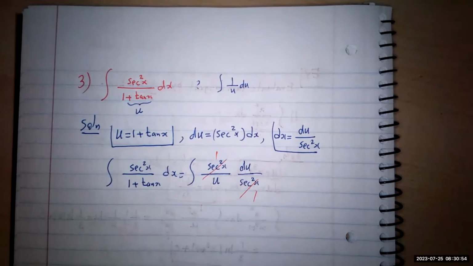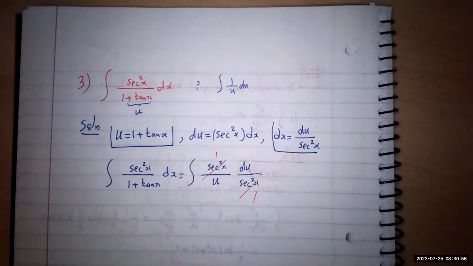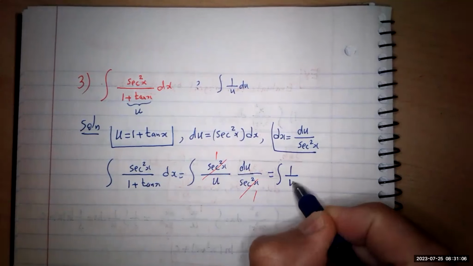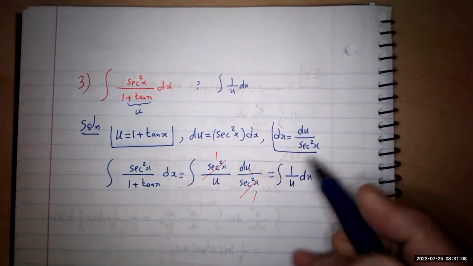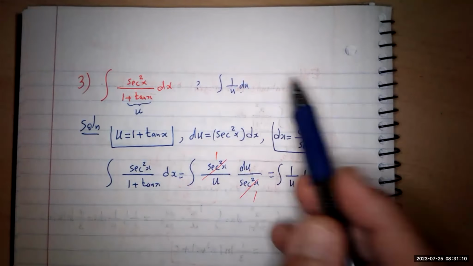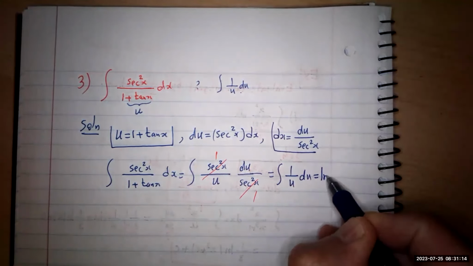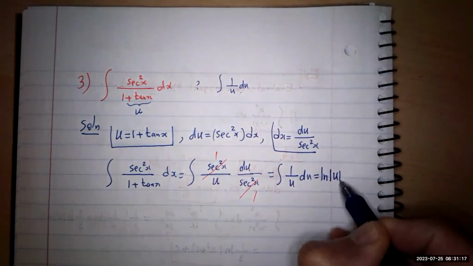Some people made a mistake on the test. They write this one equal to u, which is not. It's equal to 1 over u. So it's going to be the integral of 1 over u du, and this is your target. The integral of 1 over u is ln of the absolute value of u, plus c.